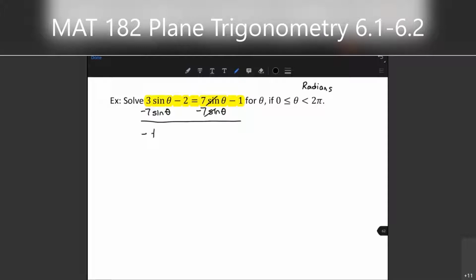And so I have minus 4 sine of theta minus 2 equals -1. I can add those constants together by adding 2 on both sides. That would cancel. Again, I'm just working to isolate the sine of theta on one side of the equation. And just about there. What's the last thing I could do here to isolate sine?